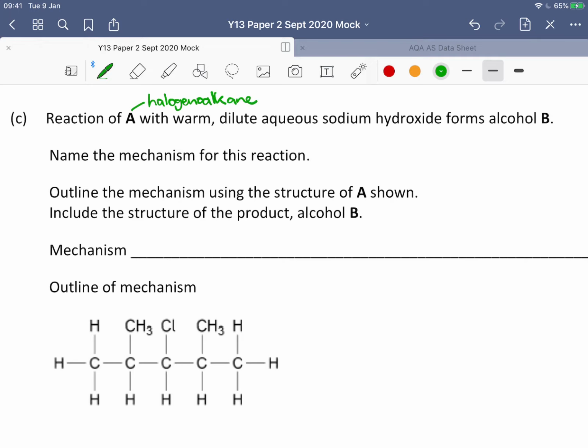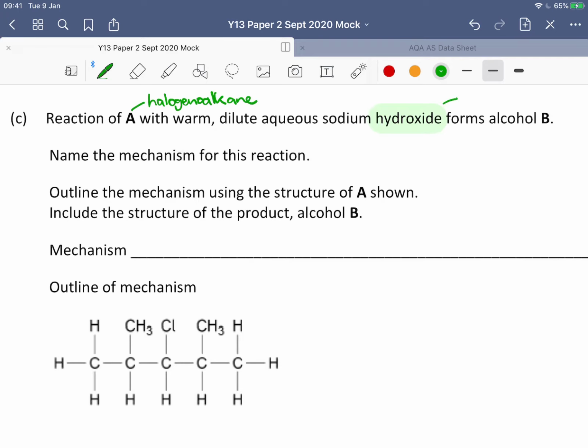All right, and then we are reacting our halogenoalkane with sodium hydroxide, and you've never had in your A level a metal in terms of a mechanism. You can see this is going to be a mechanism. If you just look further down, the next line says name the mechanism. You've never done a mechanism with a metal, so the only thing that matters here is the hydroxide.